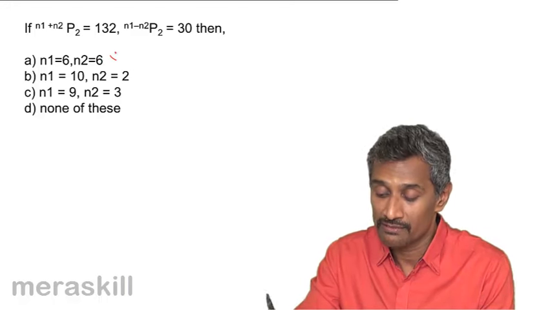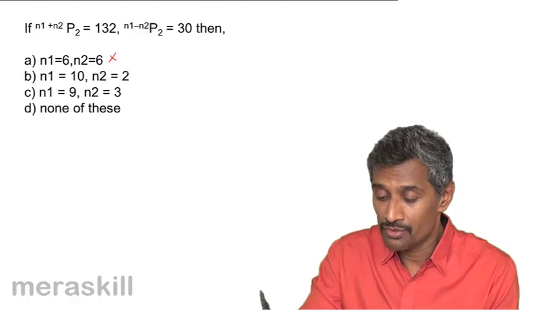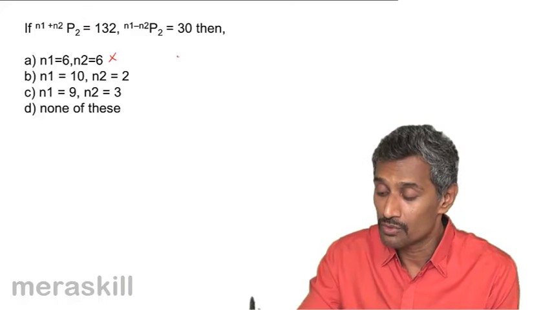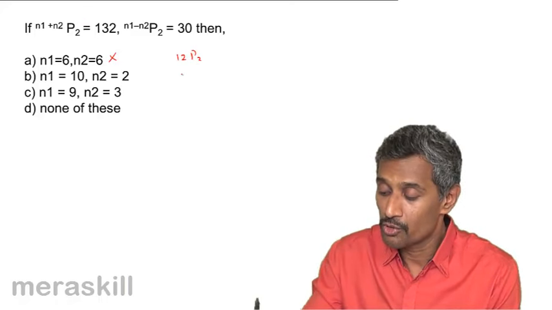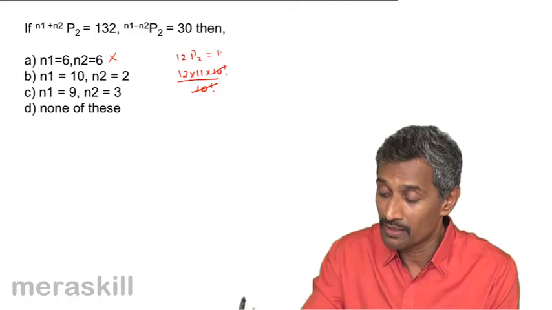This is out of question because n1 minus n2 can never be 0. Maybe 10 and 2, so you get 10 plus 2 P 2, that is 12 P 2. 12 P 2 is going to be 12 into 11 into 10 factorial upon (12 minus 2) factorial, 10 factorial. And yes, 12 P 2 is 132.